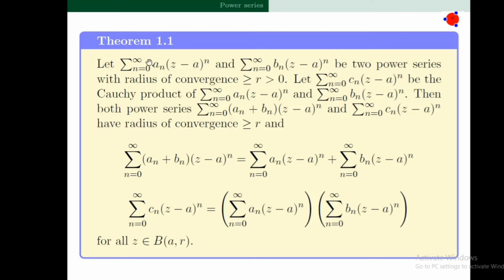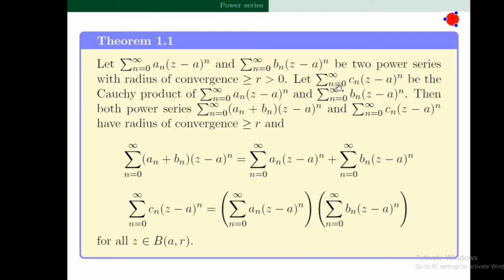That is, if Ra is the radius of convergence of this power series and Rb is the radius of convergence of this power series, then Ra and Rb are greater than or equal to r.